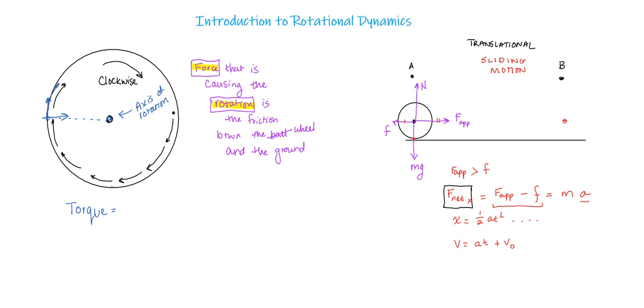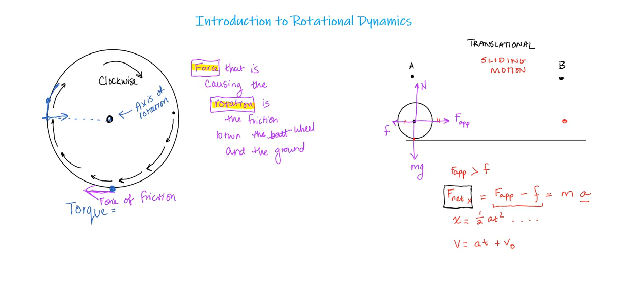So the friction right here between the ground and this wheel has to be pointing this way. I'm going to label this the force of friction between the wheel and the ground, and that's the force that's causing the torque.